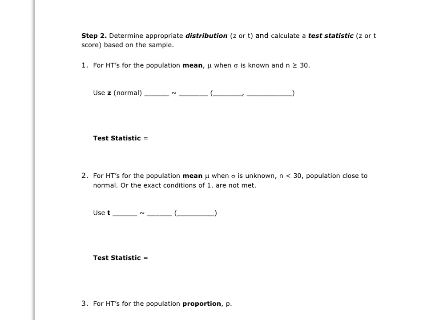So for hypothesis tests for the population mean, and when we know sigma, the population standard deviation, and we've got n greater than or equal to 30, then we use the Z distribution. We assume that X bar is approximately normal with mean of mu and standard deviation of sigma over the square root of n.